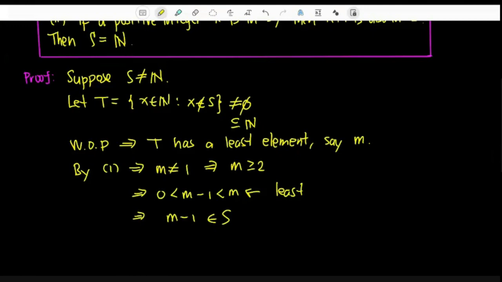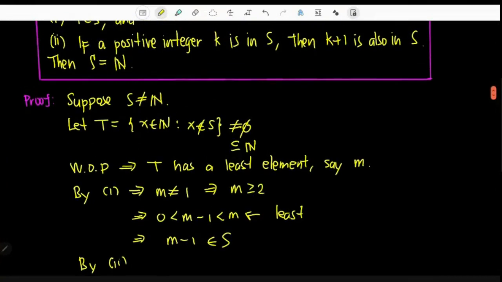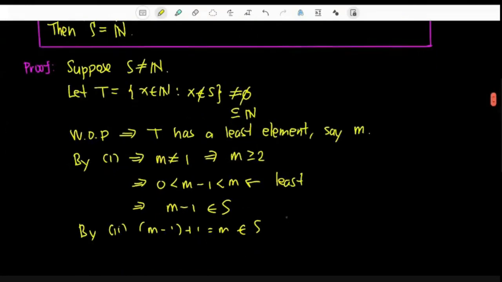So by condition 2, if an integer is in S, then that integer plus 1 is also in S. So that means M minus 1 plus 1, which is just the same as M, must also be in S. So we have a contradiction here.